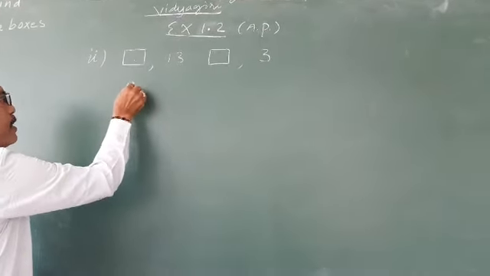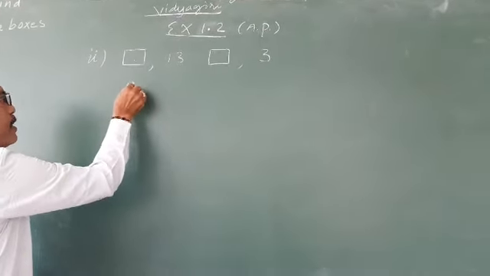That is 13. That means a plus n minus 1, 2 minus 1, into d equals 13. Then a plus 1 into d equals 13, so a plus d equals 13. That is equation 1.